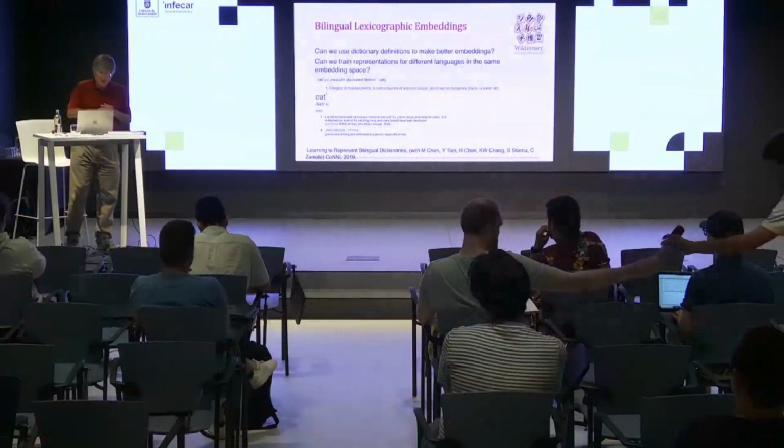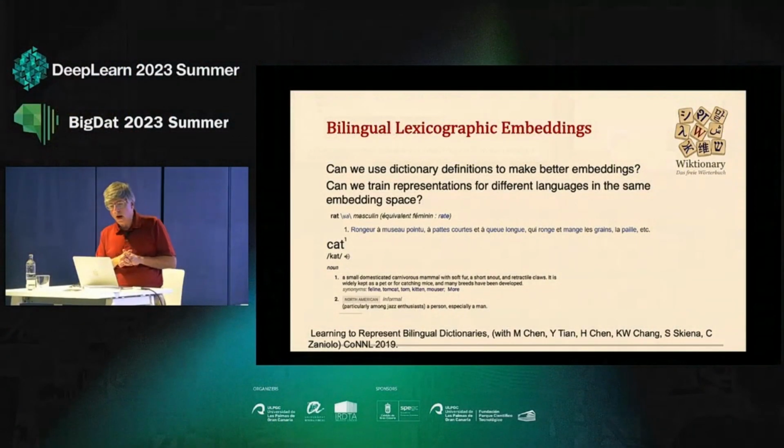And again, there are all kinds of things that you can do. Sometimes people want all the languages in one space. If you have embeddings of languages where all the words are in one space, this can be very useful for translation.